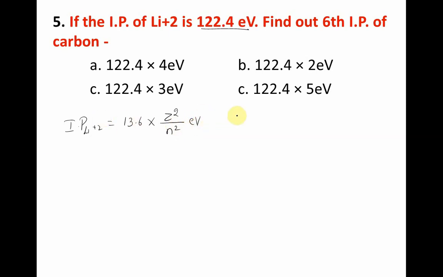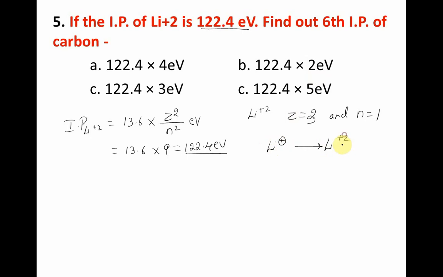For the Li2+ ion, Z is always equal to 3 and n is always equal to 1. So this becomes 13.6 into 3 square, 3 3s are 9, that is equal to 122.4 electron volt.